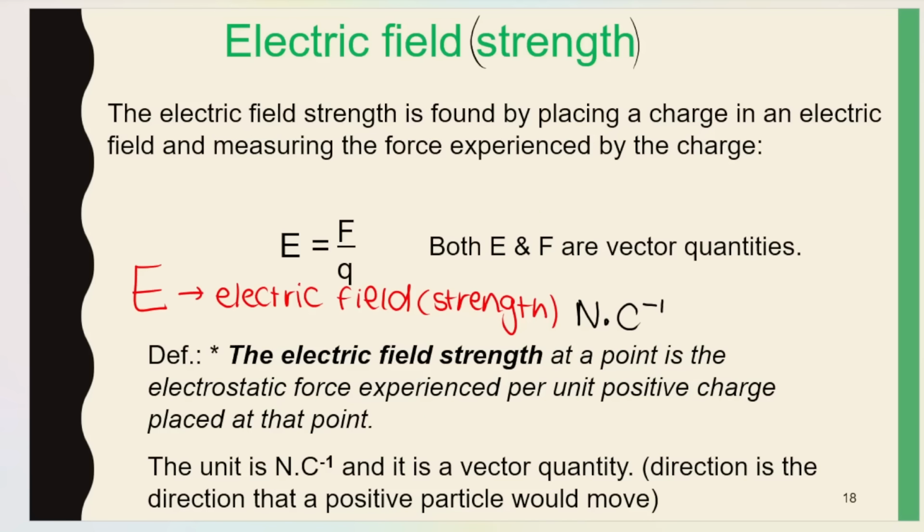And basically the definition for electric field or electric field strength at a point is the electrostatic force experienced per unit positive charge. It literally corresponds to the formula. Remember, it's a vector, which means it needs a direction.